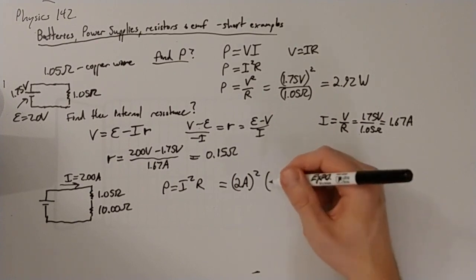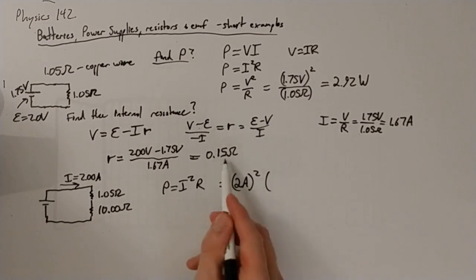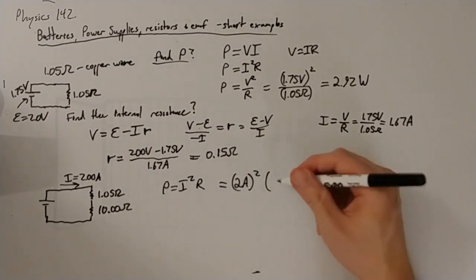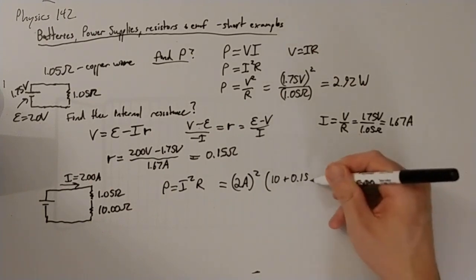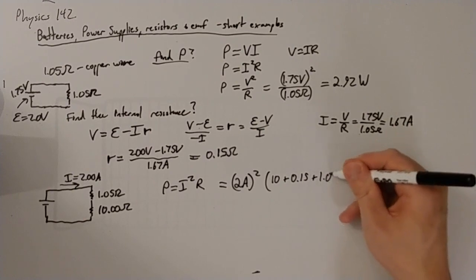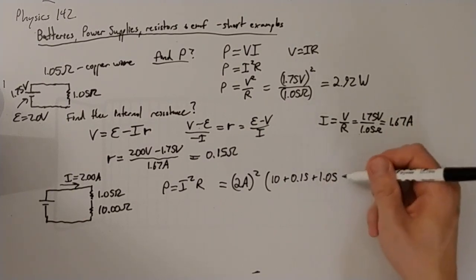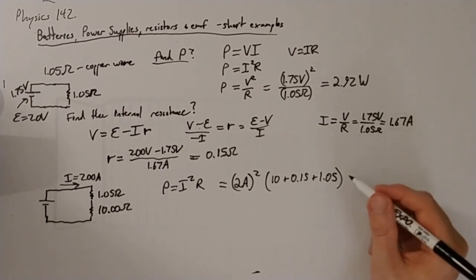And then the amount of resistance, well, if we're using that same battery that had a little internal resistance of 0.15 ohms, then we would need to add that in, so we would have 10 plus 0.15 plus 1.05 ohms. If we have all of this together, then you can go ahead and calculate that, right?